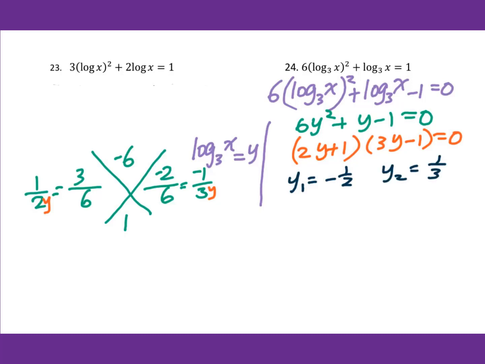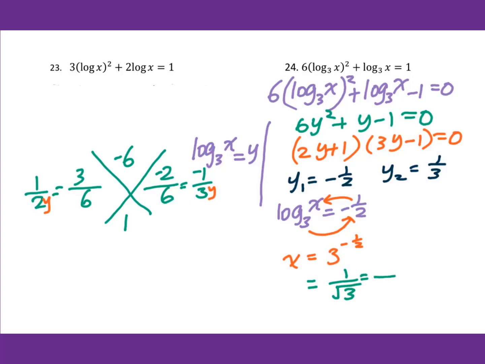Then we plug back. That will be log base 3 of x equals negative 1 over 2. Then change into exponential form. x equals 3 to the negative 1 half power, which means 1 over square root of 3. That is square root of 3 over 3.